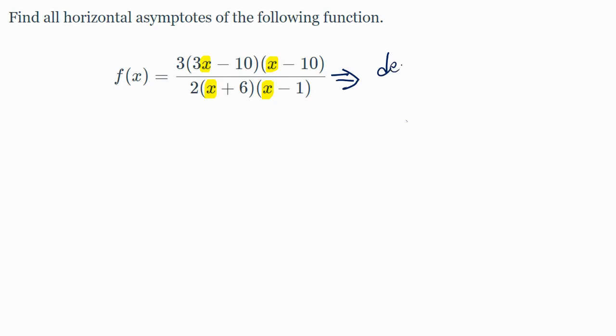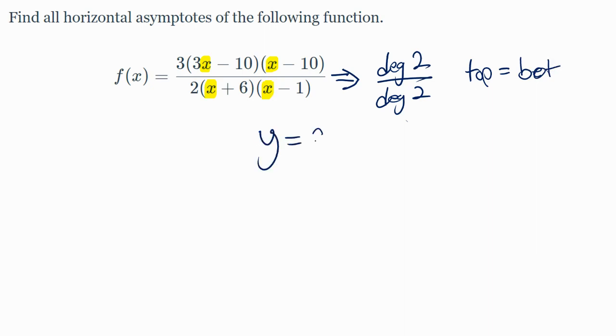So the degree of the top is 2, degree of the bottom is 2, so top equals bottom degree. So what that means for us is we're supposed to take the horizontal asymptote as the a value of the top divided by the a value of the bottom. And what I mean by that is your leading coefficients. We have to be careful because we don't see these in standard form. We have to imagine what it would look like to get to standard form.